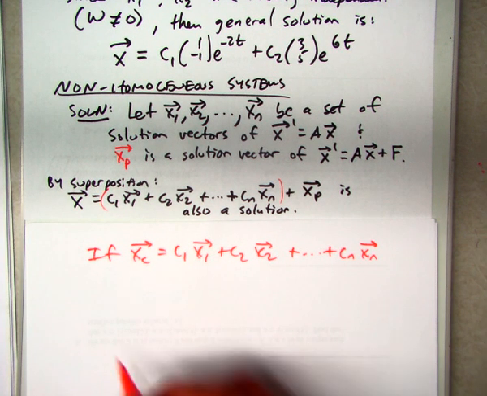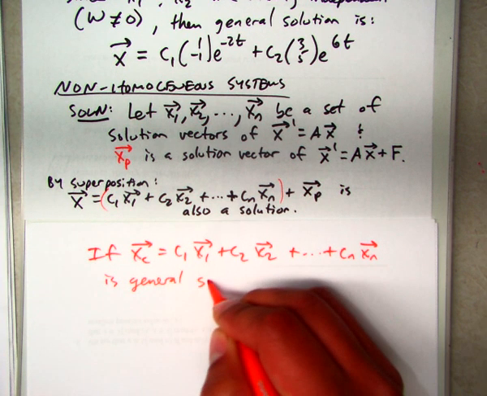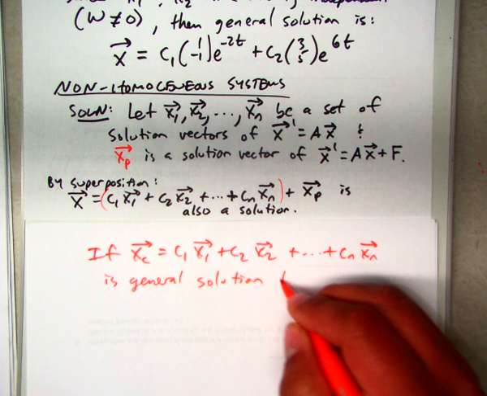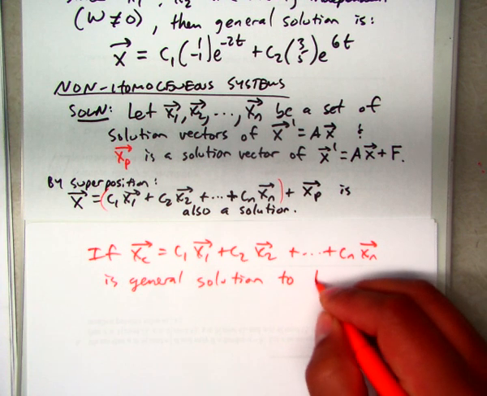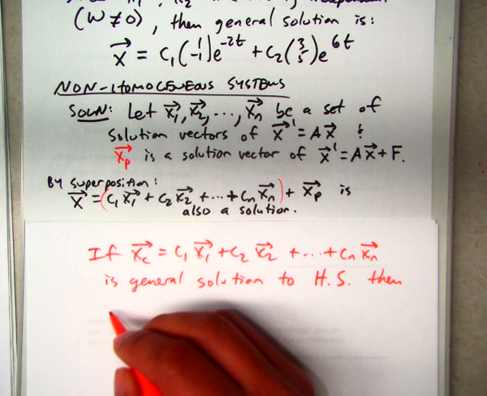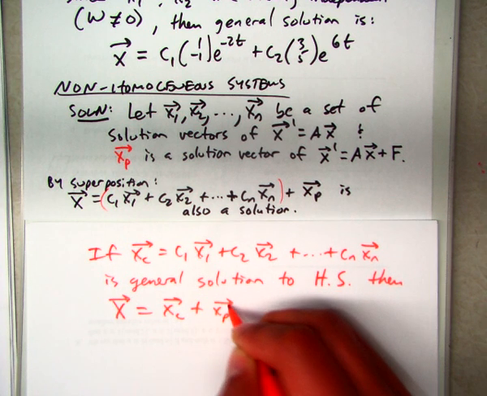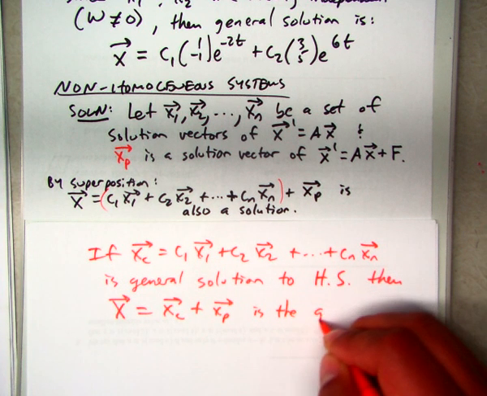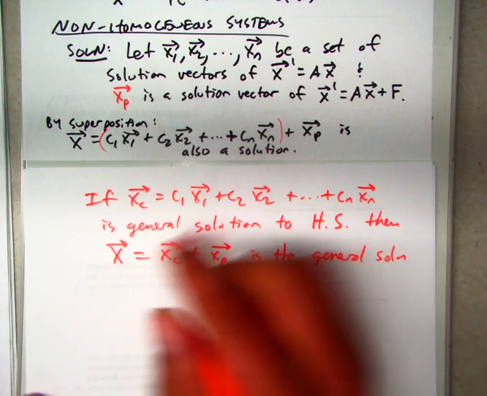If this is the general solution to the homogeneous system, then x equals x sub c plus x sub p is the general solution to the non-homogeneous system.